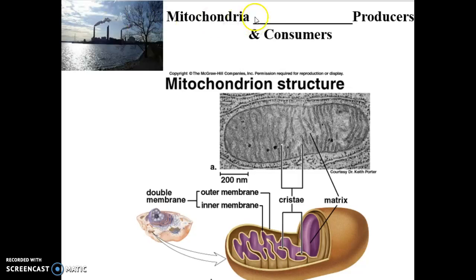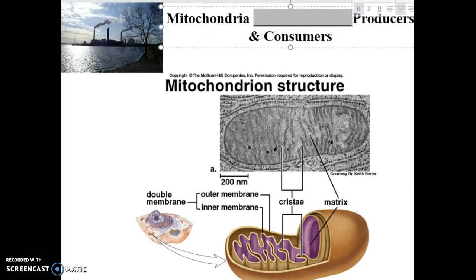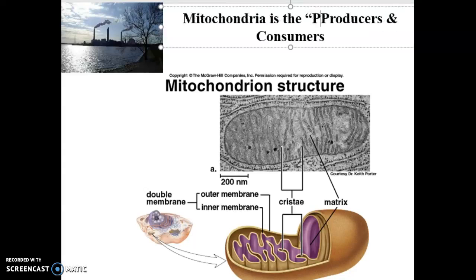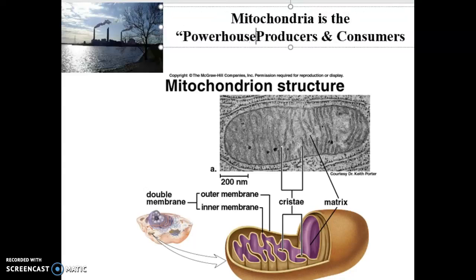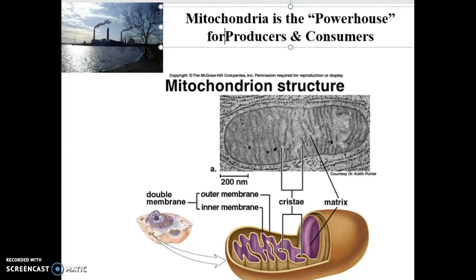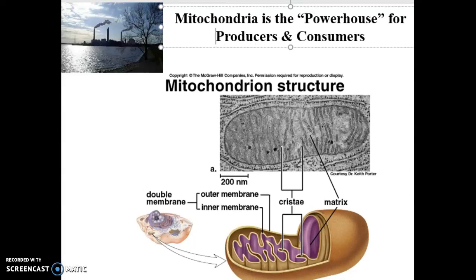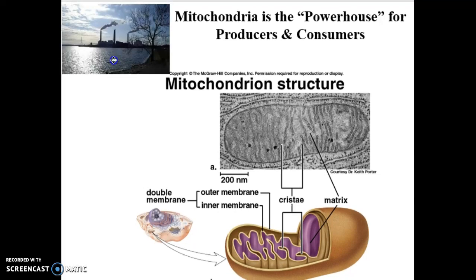Okay, so the mitochondria is the powerhouse for all producers and consumers. I don't care if you are plant, animal, fungi, protista, etc. You need power, you need energy, and that's what the mitochondria produces. The key is it will make energy in the form of, there's my scribbling, ATP.